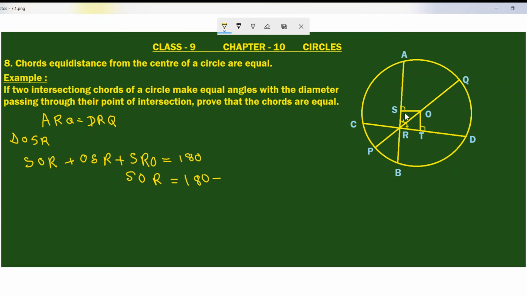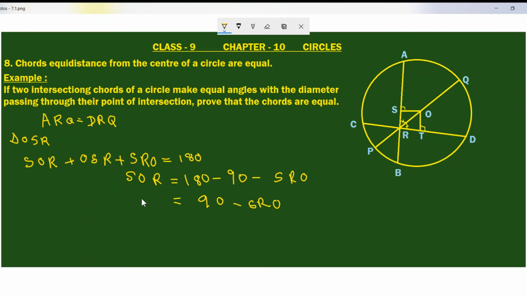You can see OS is perpendicular to AB, so OSR would be 90 degrees. So I have written 90 degrees minus SRO. This will come this side. By simplifying this equation, we will get 90 minus SRO. 180 minus 90 will be 90.